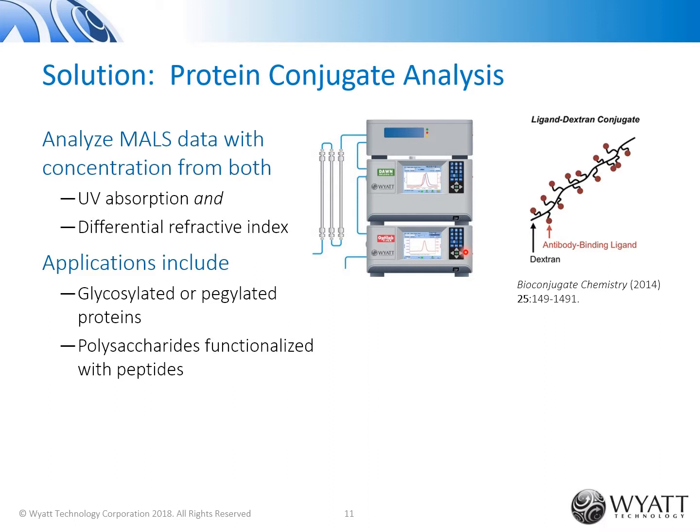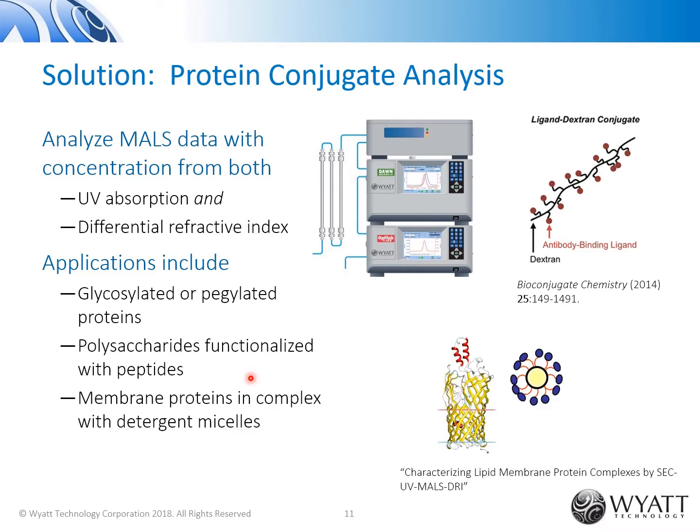And you can imagine in general, these types of conjugated molecules are notorious for not eluting at the right time. So that means having this kind of analysis and having MALS is really crucial for determining the right molar mass. So examples are things like glycosylated or pegylated proteins, or the opposite, having a polysaccharide functionalized with peptides or with nucleic acids. The complex doesn't actually have to be covalent.